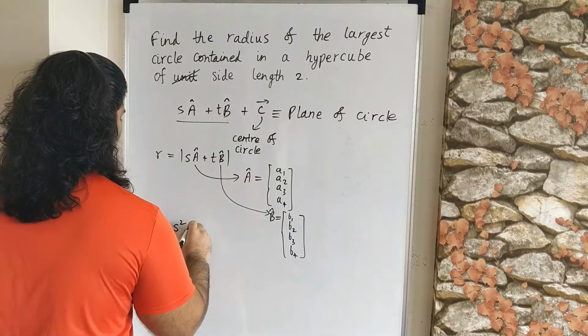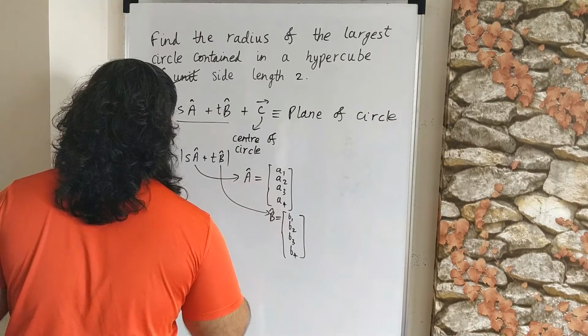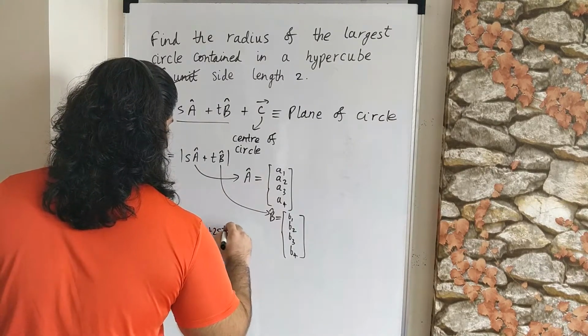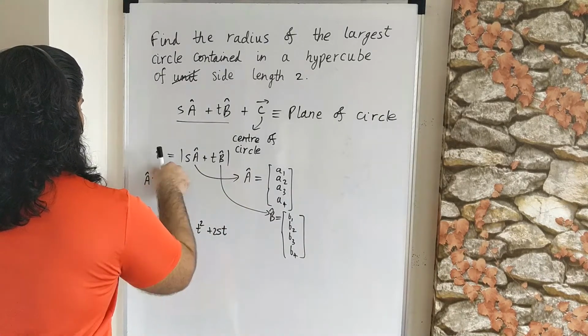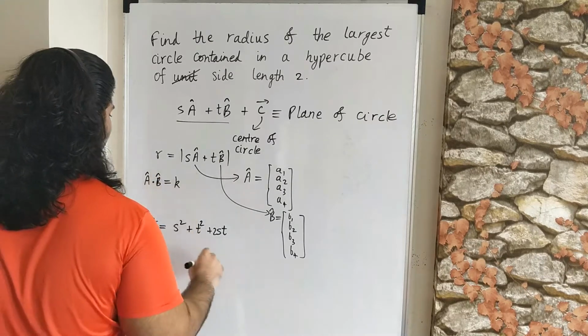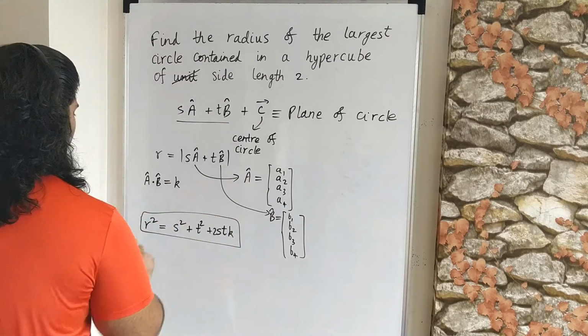So that means we get nothing in the coefficient, and similarly we get a t squared term. And then we get 2st times a hat dot b hat. So what we'll do is we'll let a hat dot b hat equal k. So 2stk, and this is the equation of our circle.